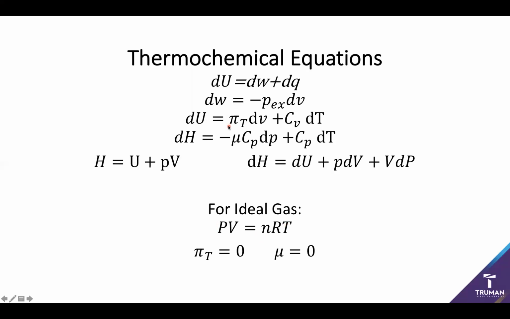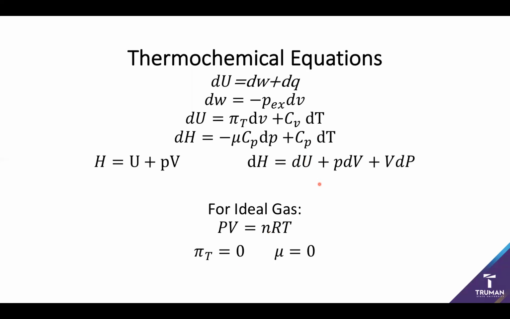Specifically, the Joule-Thomson coefficient and the internal pressure are both going to be equal to 0, because these essentially are going to be indicators of intermolecular forces which just aren't present. Now, one of the things that you may note is that this is actually a fairly small subset of equations that we need to really end up doing anything we want in most of simple thermodynamics.